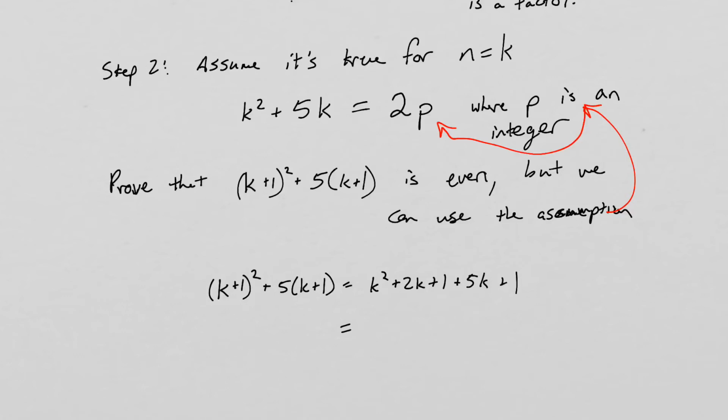We can look and say, I'm going to write this as k squared plus 5k plus 2k plus 2. K squared plus 5k we've already defined in the assumption as 2p. So this is equal to 2p plus, here we have 2k plus 2.